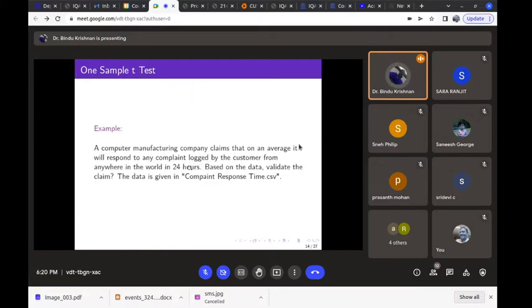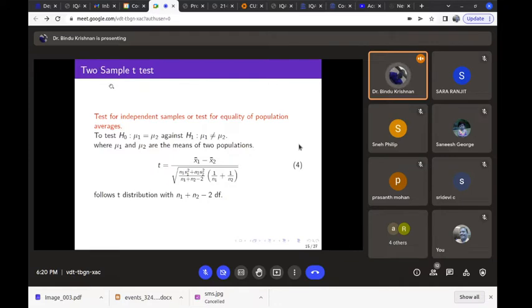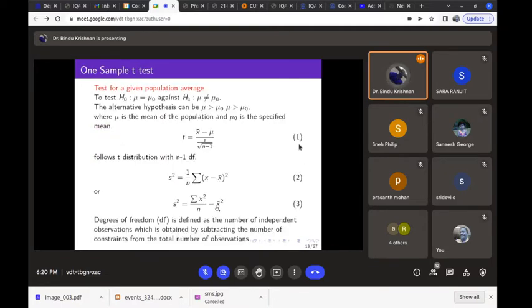But in the independent sample test, we have two sets of samples, so we use the corresponding degrees of freedom as N1 plus N2 minus 2. I explained degrees of freedom yesterday. Degrees of freedom is simply the number of independent observations, the freedom we are giving.